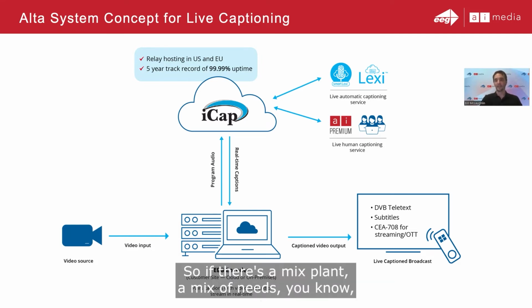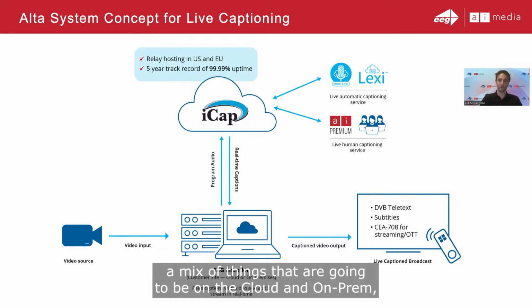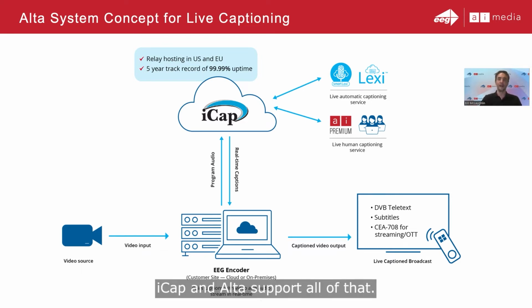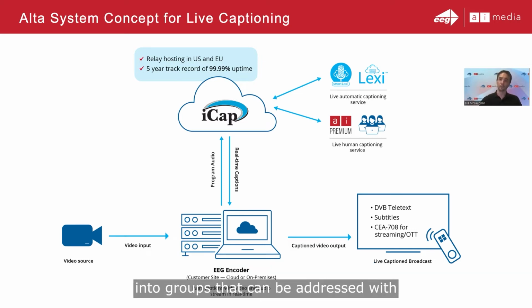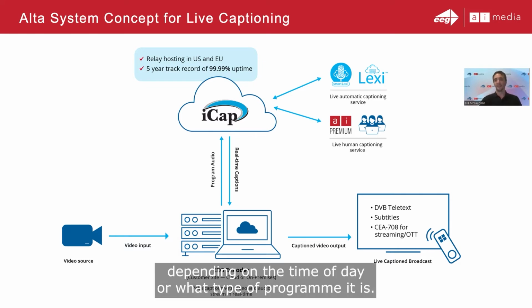So if there's a mix plant, a mix of needs, a mix of things that are going to be on the cloud and on-prem, ICAP and Alta support all of that. And it's really easy to group the different encoders into groups that can be addressed with the same captions in a flexible way, depending on the time of day or what type of program it is.